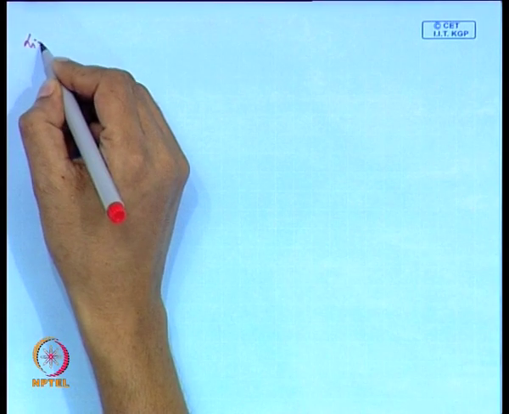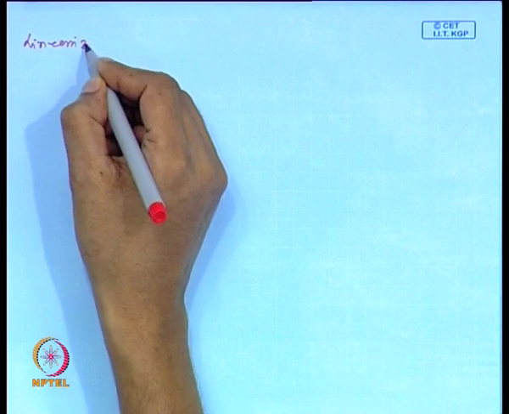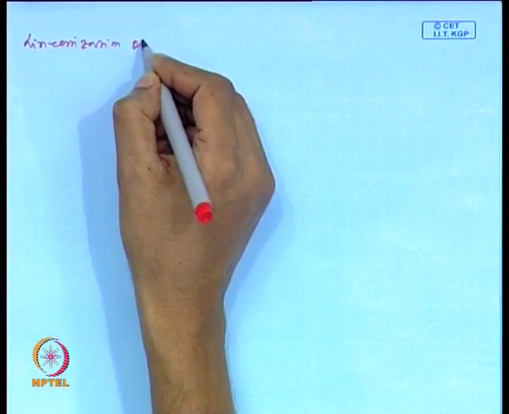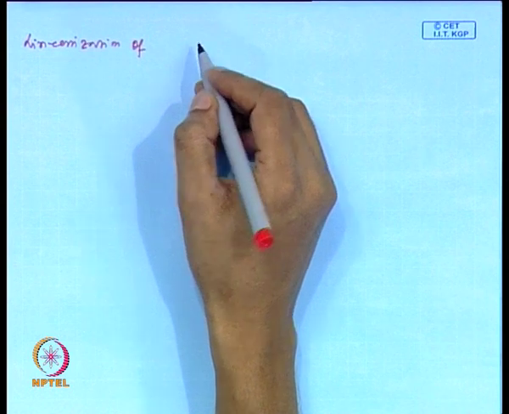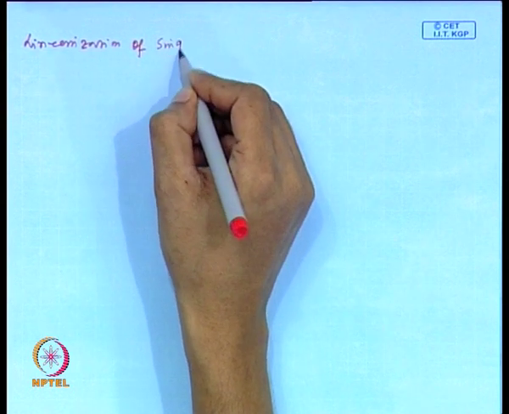We do not want to discuss the numerical simulation of nonlinear equations in this course. The second option is linearization of the nonlinear model structure, which we will discuss in brief. So, first we will start with the linearization of a single variable system.